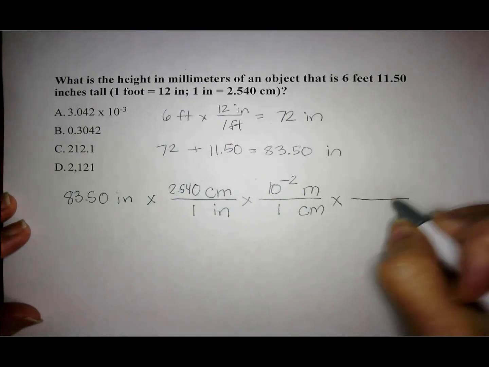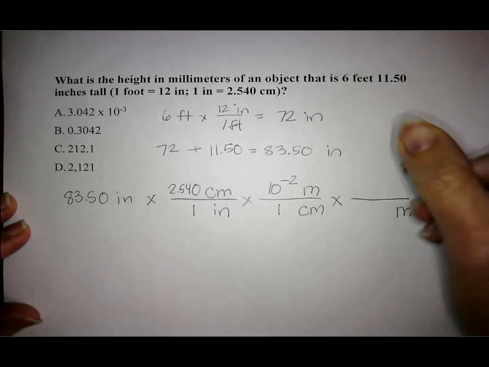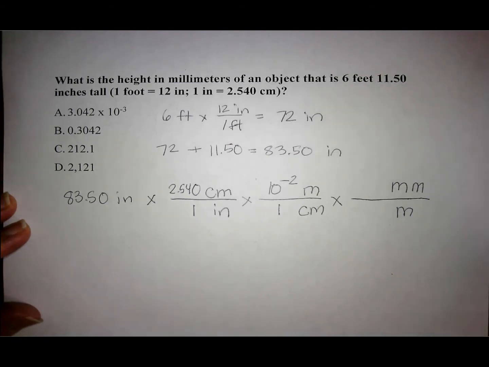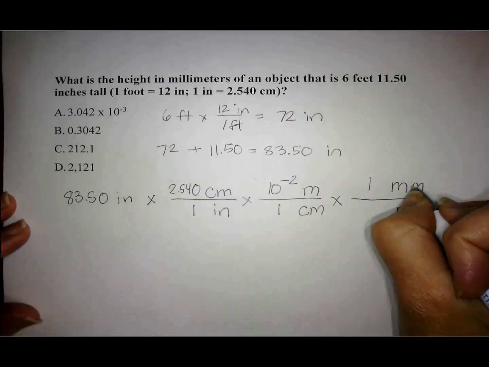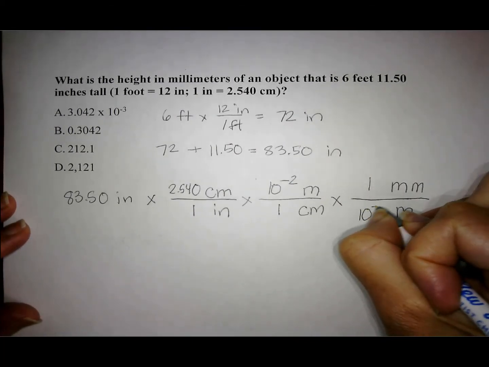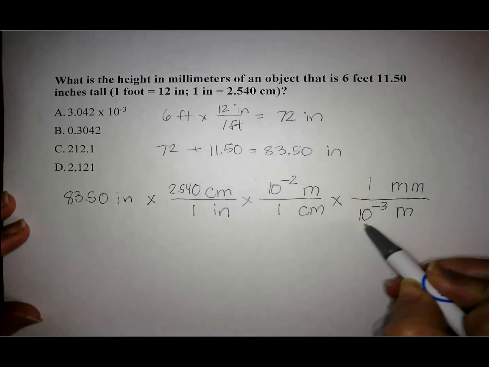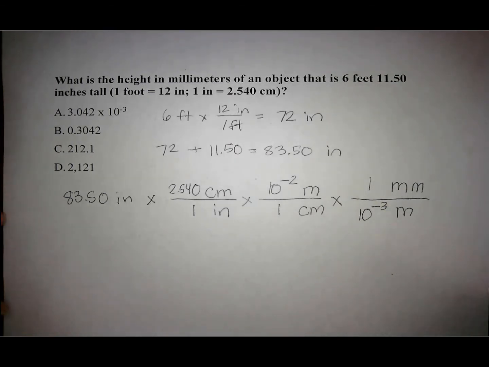Then we'll go from our base unit of meters into our final prefixed unit of millimeters. So we put 1 next to our prefixed unit of milli, and the power of 10 for milli is 10 to the minus 3. And again, that goes on the opposite side of the conversion factor from the prefix because they mean the same thing.